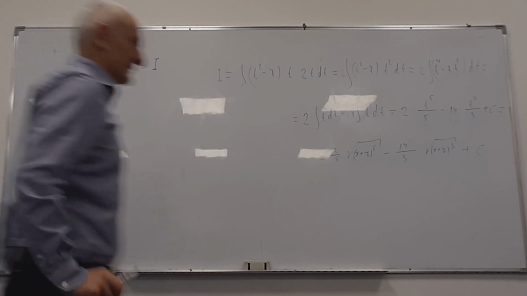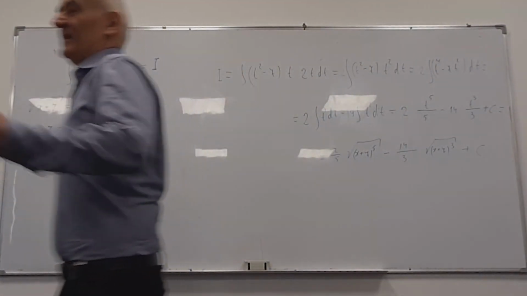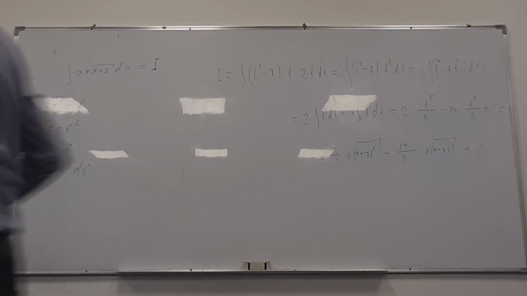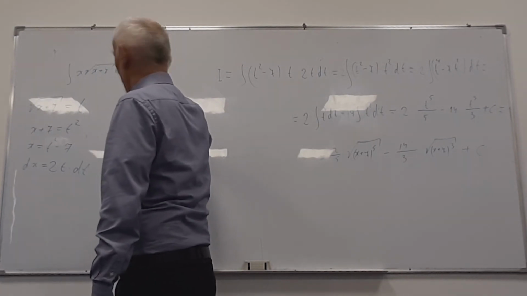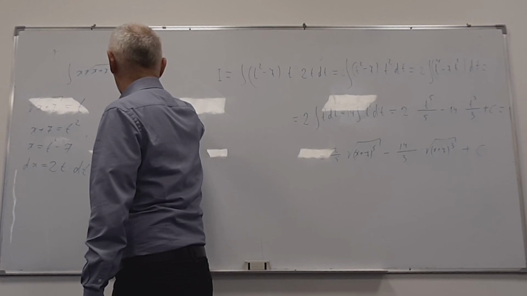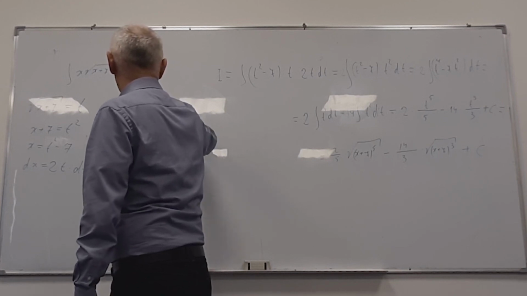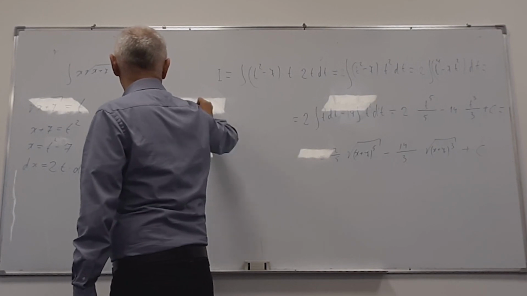Next example is definite integral. If you know how to find indefinite integral, it's easy for you to find definite integral. For example, we have definite integral from 1 to 4 of x square minus 2x dx.